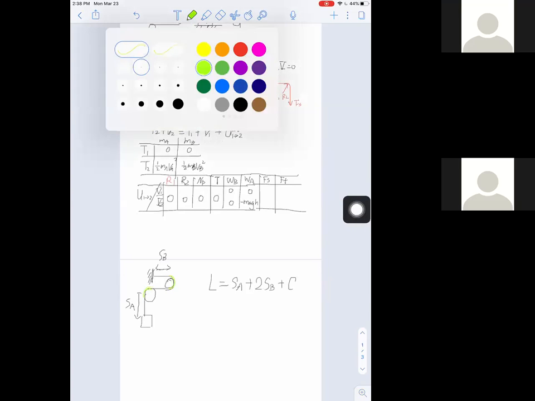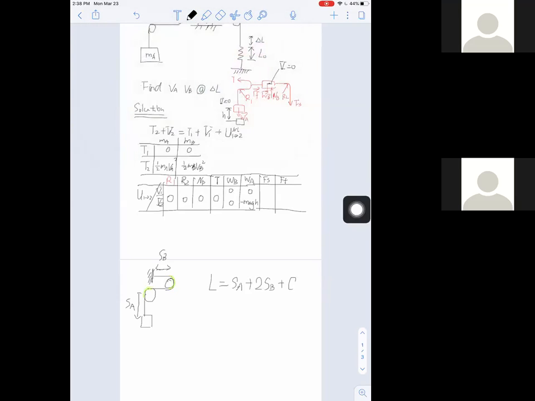Then we can take a derivative of this length on both sides. Then we have L dot equals SA dot plus 2 SB dot plus 0, right? And since the total length of the rope is constant, L dot equals 0.